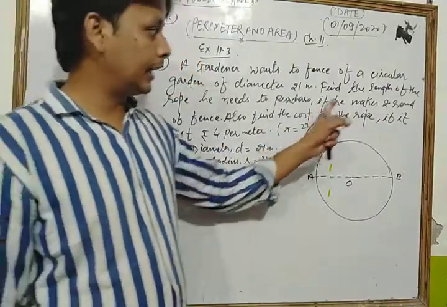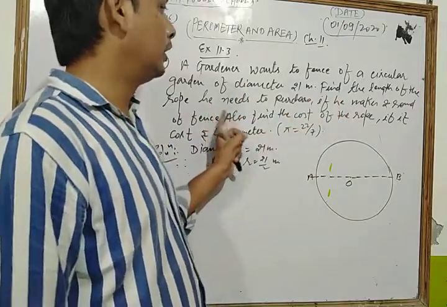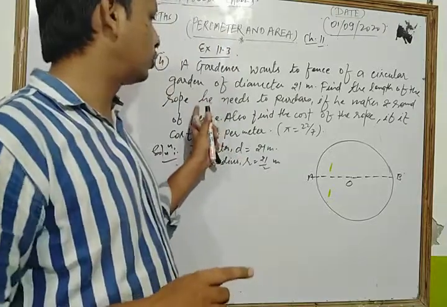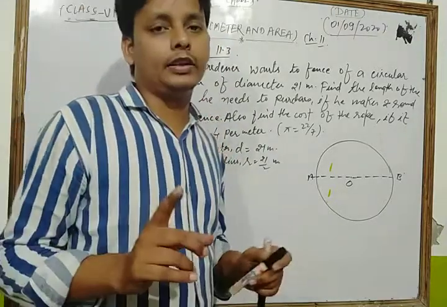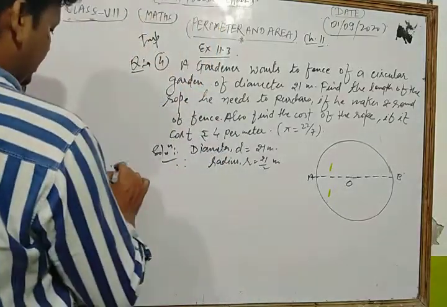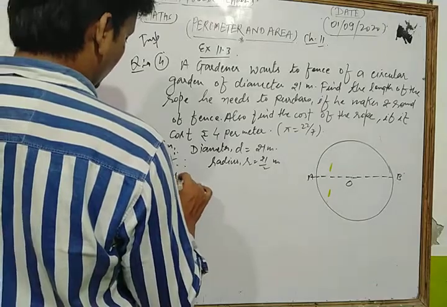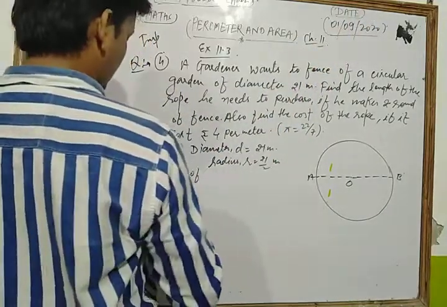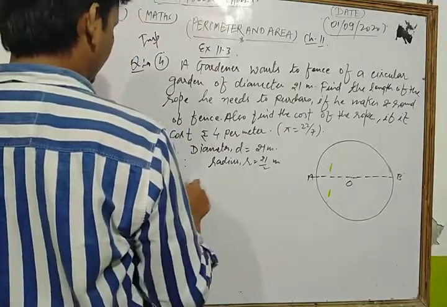So for 2 rounds of fence, now we find the length of the rope.